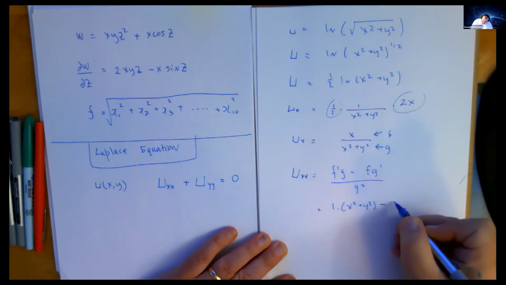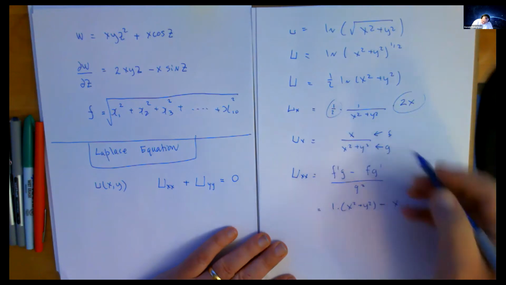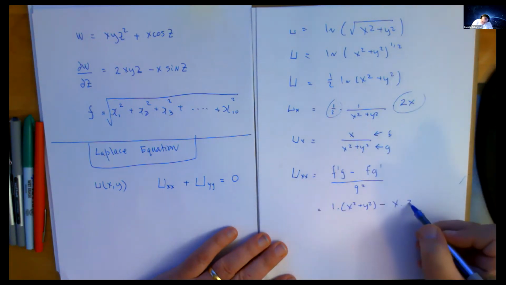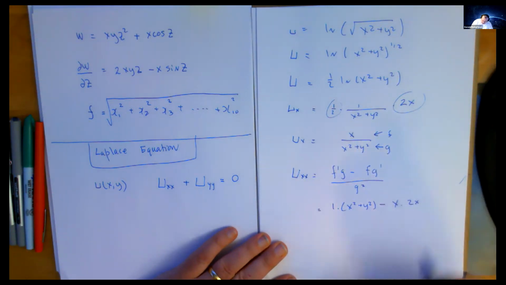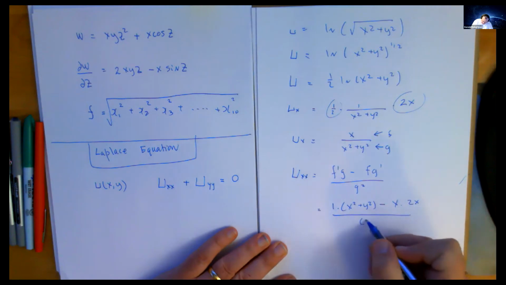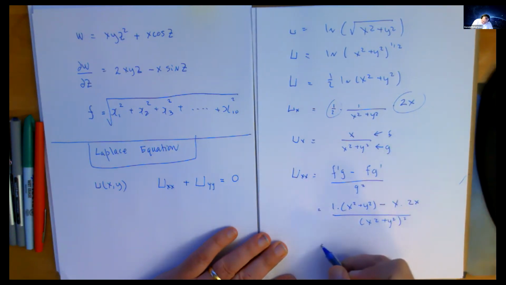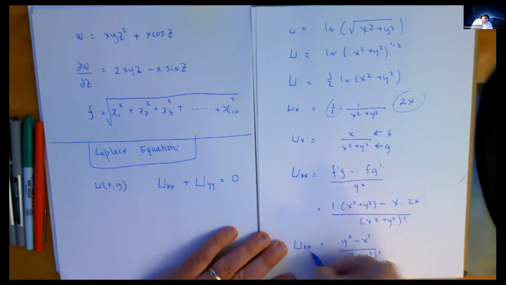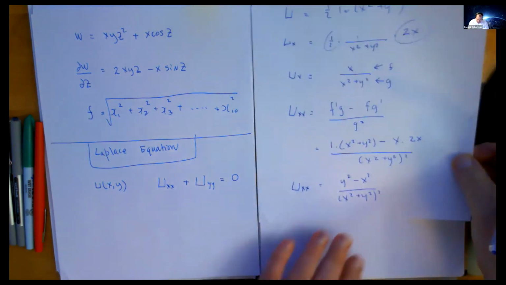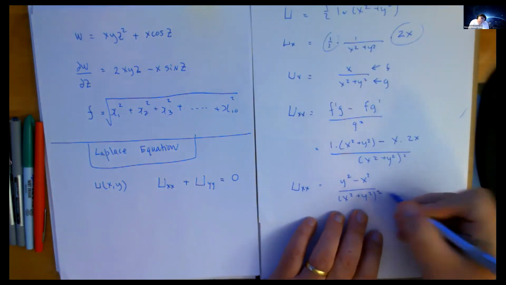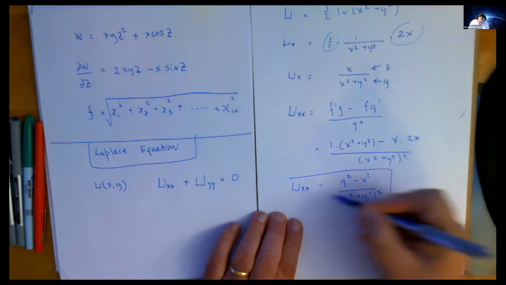Take away, leave this guy alone, and differentiate the bottom with respect to x, and you get 2x. And then the bottom guy squared. And anyway, the bottom line is you end up with that guy. So far, it's all good. So here is this fella.